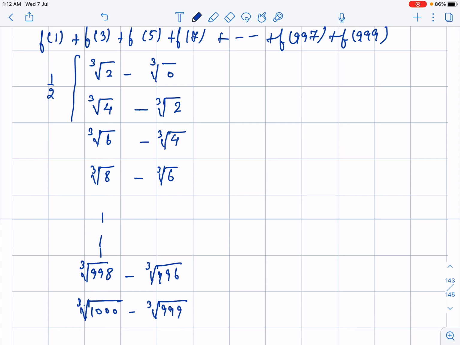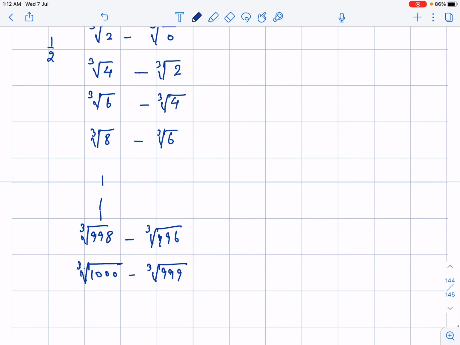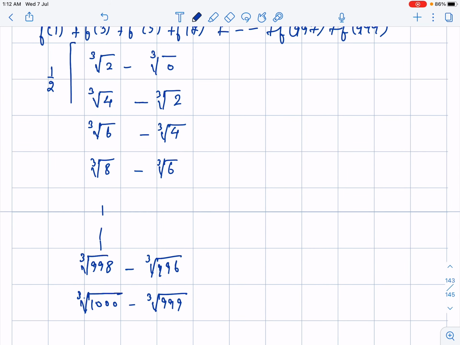So guys, to solve such type of question, we have 1 by 2 in front of it together. It is written over here, 1 by 2 in front of it. Let's see what all things are getting simplified over here, what all things are getting cancelled over here. I could easily see diagonally things are going to get cancelled like this.